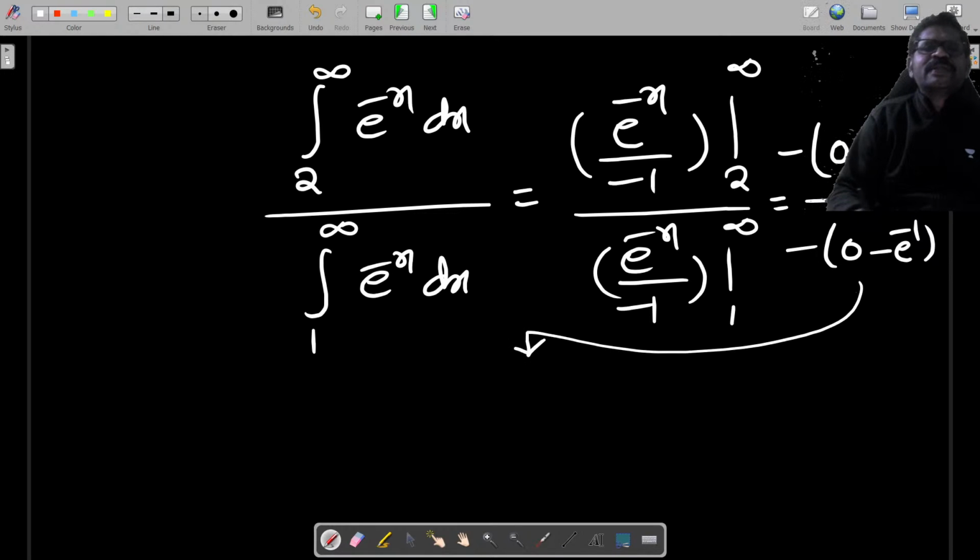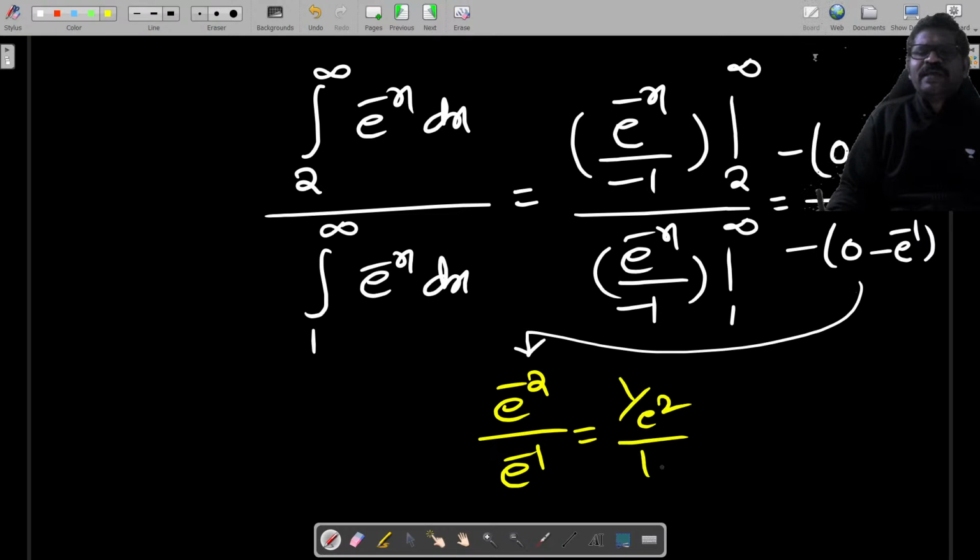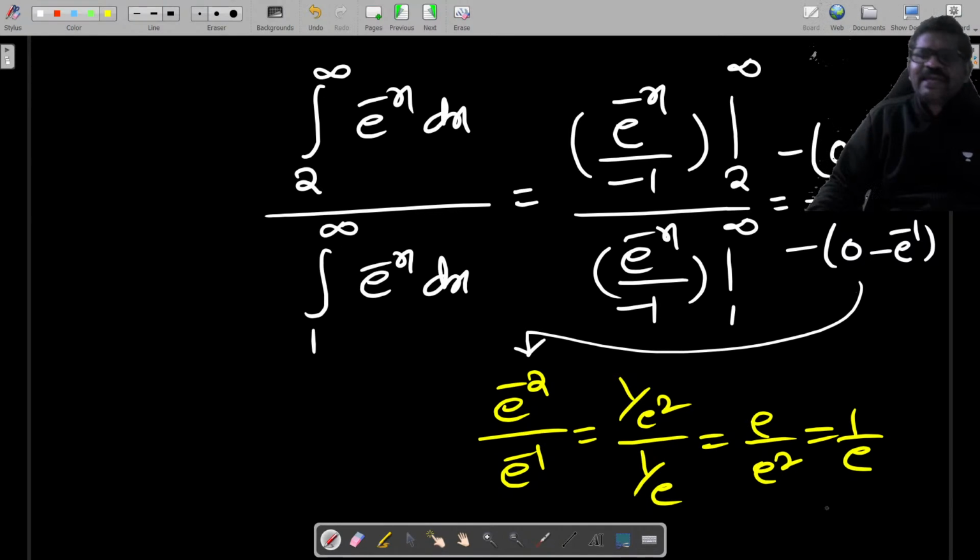Continuation. E power minus 2 by e power minus 1, that is 1 by e square by 1 by e, which finally gives 1 by e. 1 by e is nothing but 0.37.